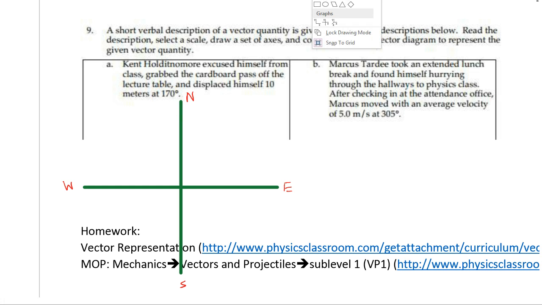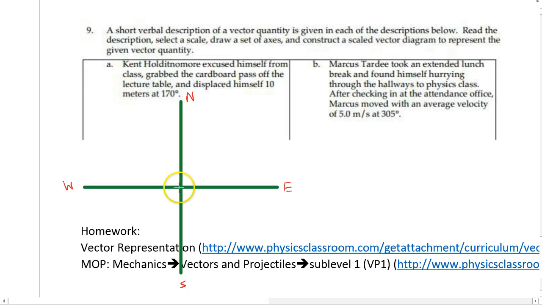And again, my arrow is going to be really thick and yucky, but 170 degrees means it's going to be about over there. Okay, assuming that this little piece there is about 10 degrees, so this is 170 degrees. So I can label this like that and say 170 degrees. And I should label this as 10.